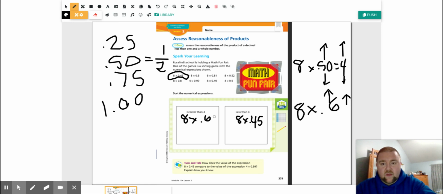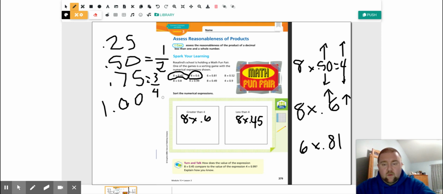Now, the examples so far that we've used have all been close to the halves, right? But when we start to get a little bit further along, we're looking at 6 times 81 hundredths. We would take that 81 hundredths and say, okay, it's close to 75 hundredths, which would be 3/4.